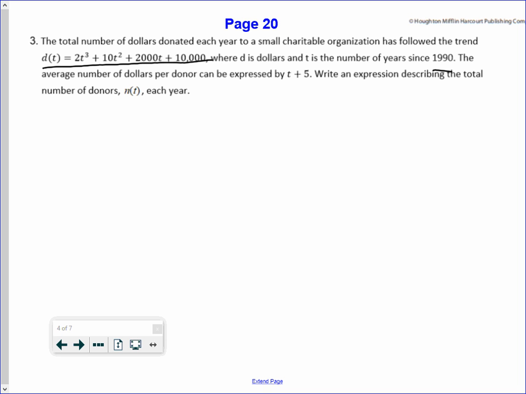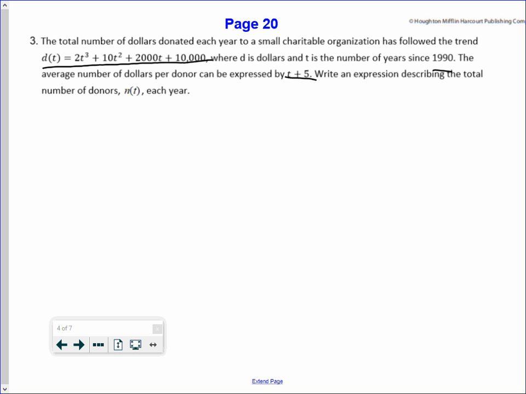So essentially, D of t is just telling us how much was actually donated to this charity. And then we're told the average number of dollars per donor can be expressed by t plus 5. So each donor will donate about t plus $5. And what we want to do is write an expression describing the total number of donors N of t each year. So N of t is the number of donors each year.